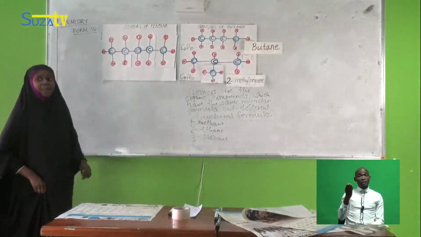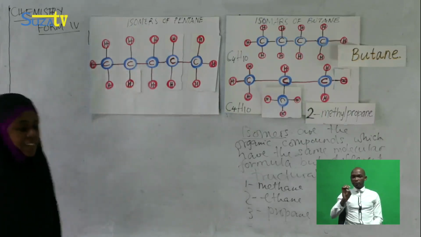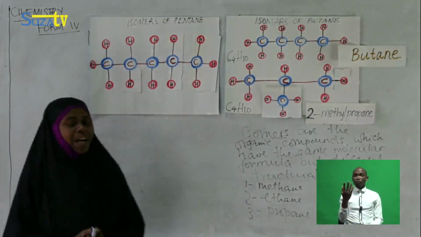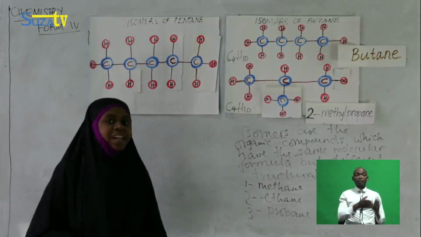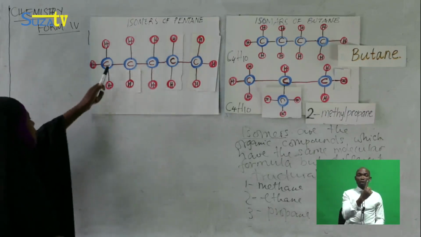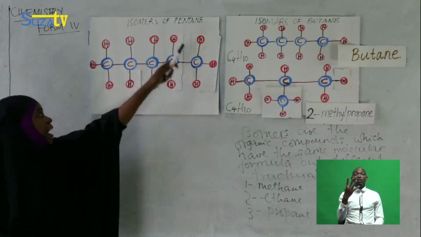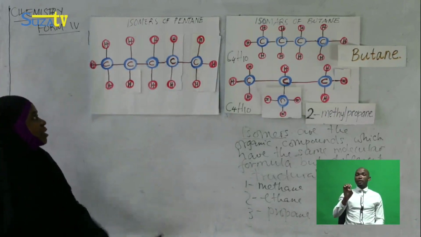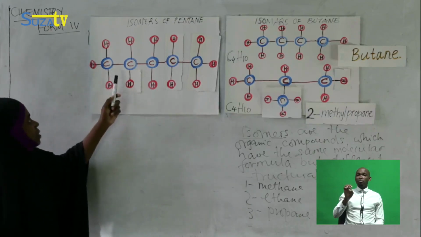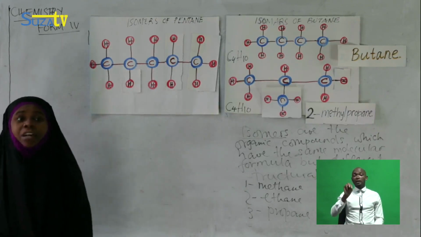This is pentane, my dear. Let us count the number of atoms present. Let us start with carbon. How many carbons are there? 1, 2, 3, 4, 5. In this pentane, we have 5 carbon atoms.